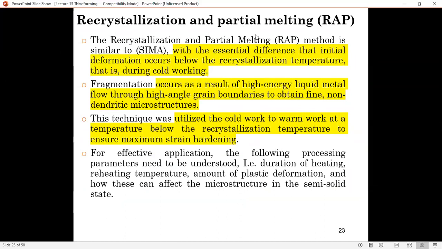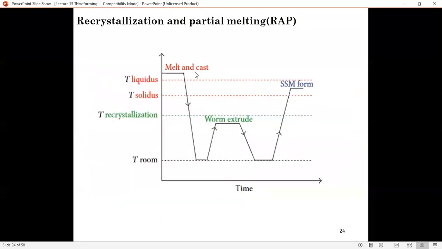Recrystallization and partial melting is similar to SIMA, but essentially the difference is that the initial deformation occurs below the recrystallization temperature, that is during cold work. If you look at the SIMA, it starts with a molten metal, you pull it down, and then you do not do hot extrusion but warm extrusion process.